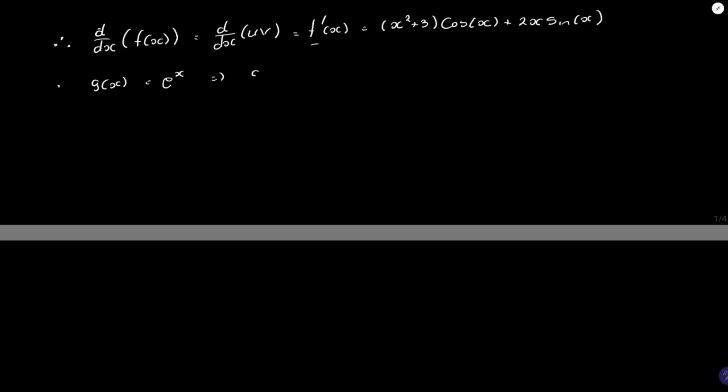So this tells us that the derivative with respect to x of g of x, which is g prime of x, is the derivative with respect to x of e to the x. We need to recall the derivative of exponential functions, and it was stated that the derivative of the function e to the x is e to the x. That means it remains unchanged. So this gives us e to the x.